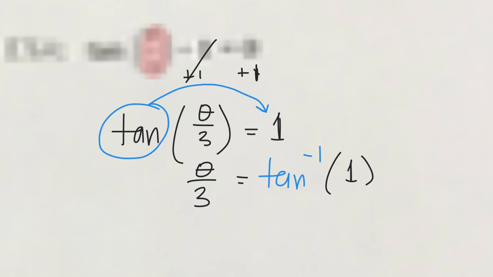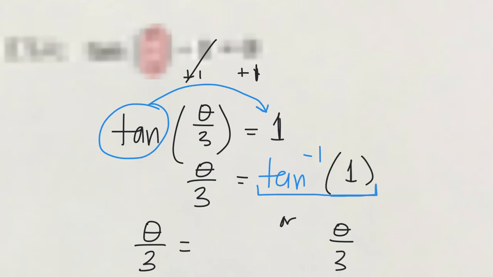So my next step is to find my 2 angles, because there's almost always 2 angles where my tangent has this value of 1. So what is one angle where tangent is 1? Pi over 4.